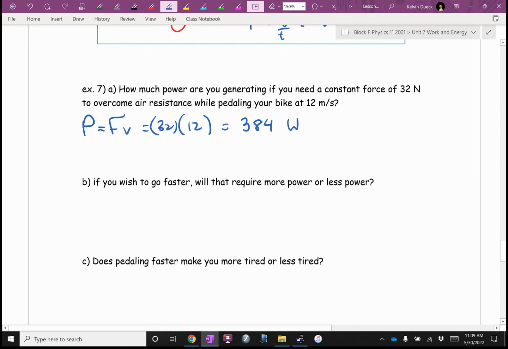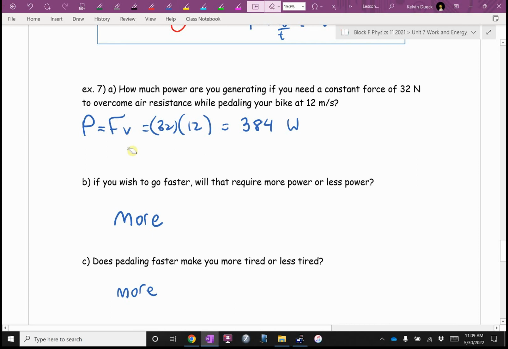So, be obvious. If you want to go faster, will that take more power or less power? Okay? So, does pedaling faster make you more tired or less tired? This is why I said power is tiredness. But it's more noticeable than that.